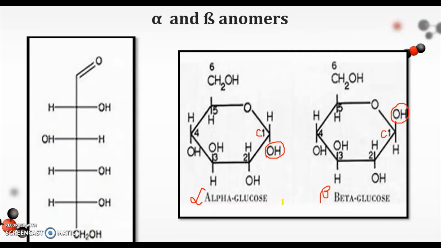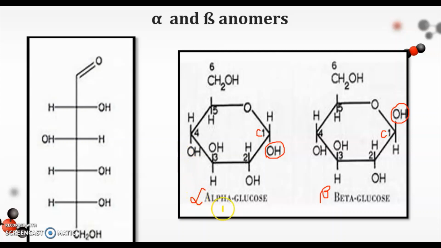This is an example of an alpha and a beta anomer. On the first picture, we will see the open structure. This is also called the Fischer projection structure. On the next picture, we will see the closed structure, which is also called the Haworth projection formula. The ones that are encircled are the hydroxyl groups found on the carbon 1 atom of the pyranose ring.